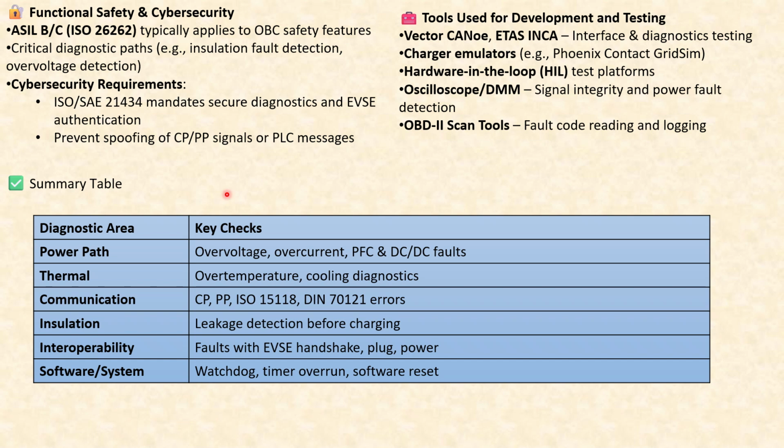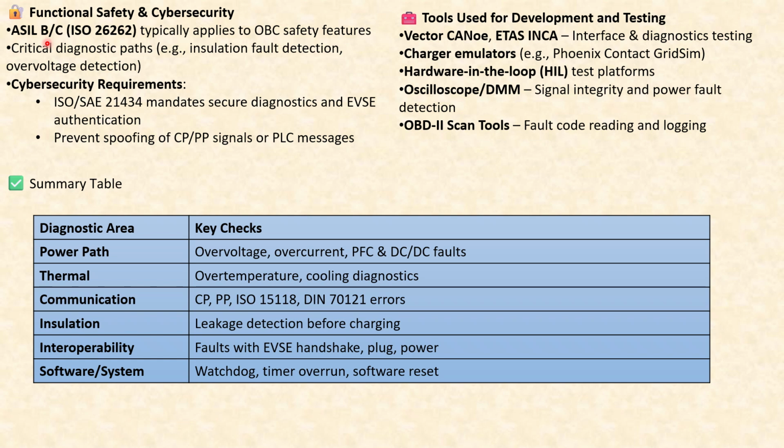To further proceed, like every application, even the charging application must fall under the purview of functional safety. And when it comes to functional safety, this is usually ASIL B or ASIL C because there is a level of injury accompanying it.